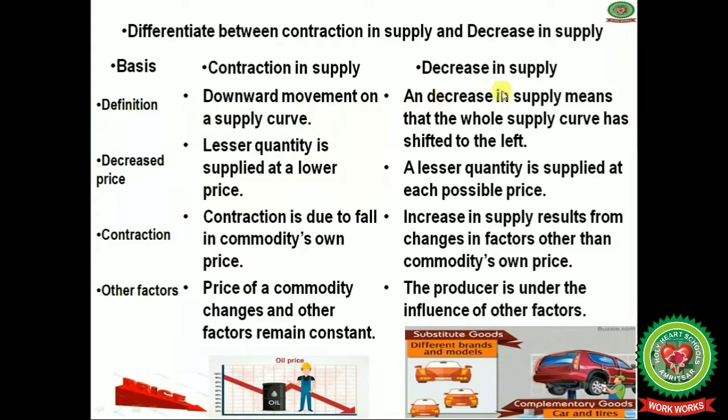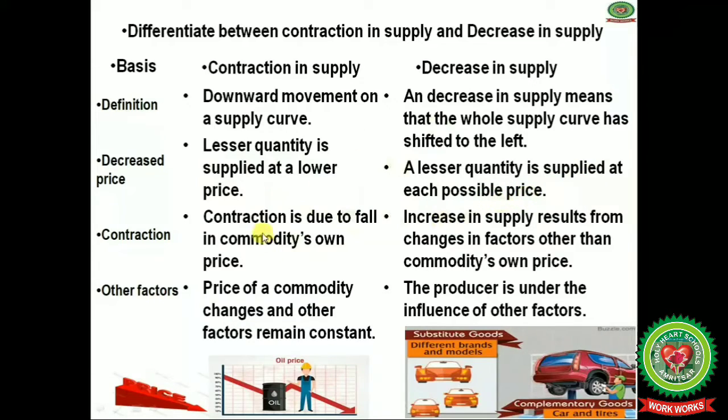And a decrease in supply means that the whole supply curve shifted towards the left side. Next one is decreased price. Under the contraction in supply, a lesser quantity is supplied at a lower price, and under the decrease in supply, a lesser quantity is supplied at each possible price.